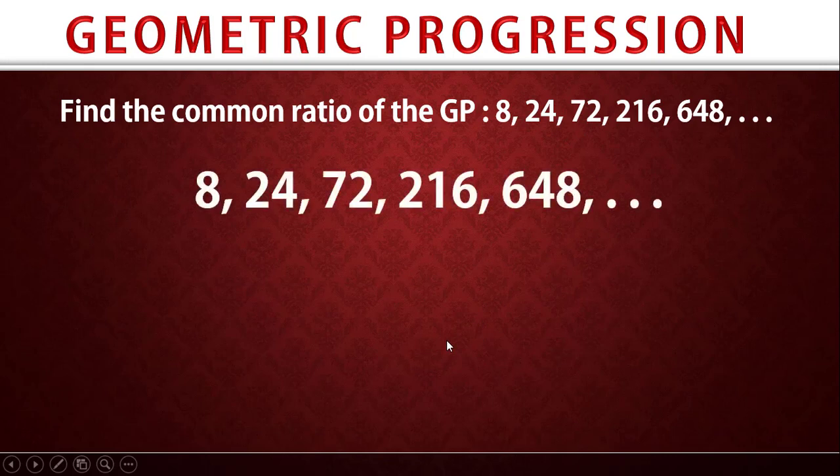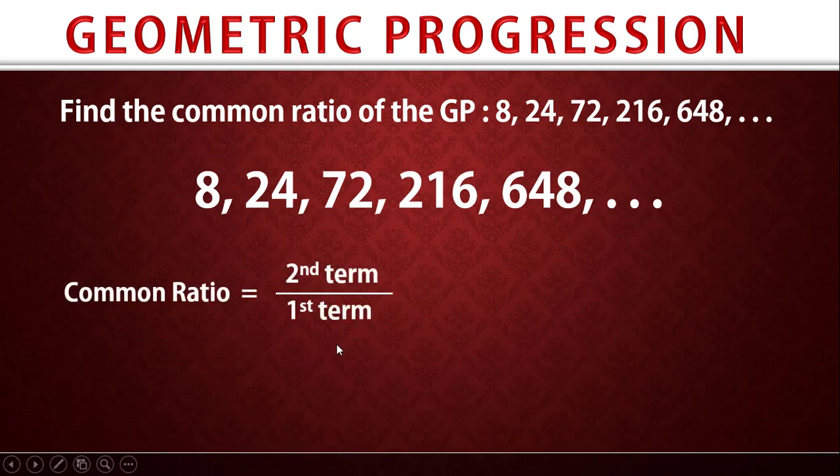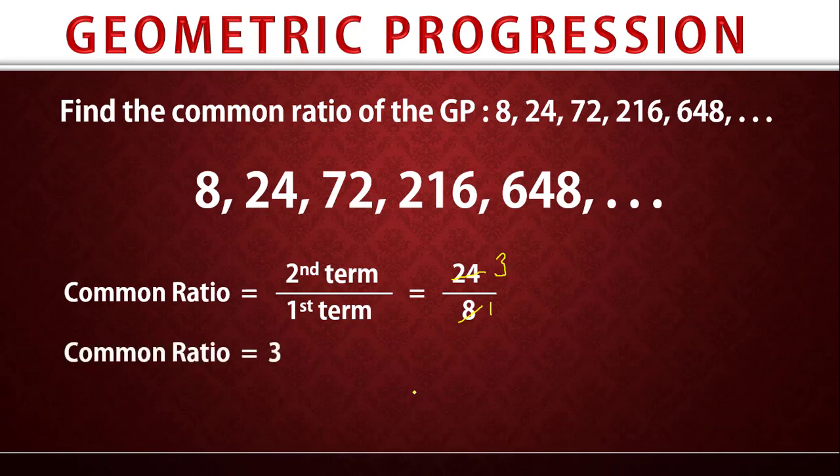So our common ratio will be second term all over first term, and so we will have 24 divided by 8. 8 can go in 24 3 times, and so we have 3 divided by 1, which gives us 3. So our common ratio R equals 3.